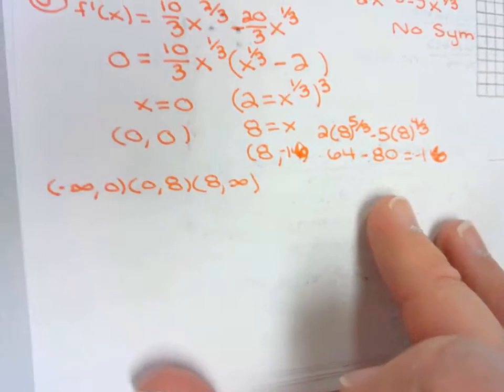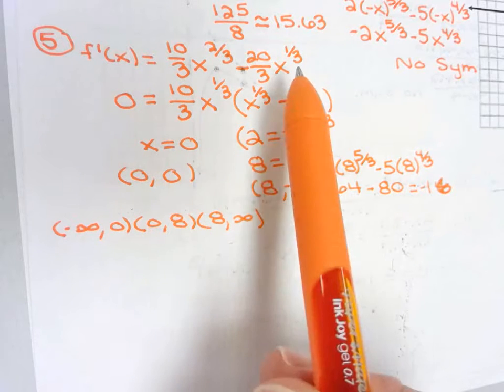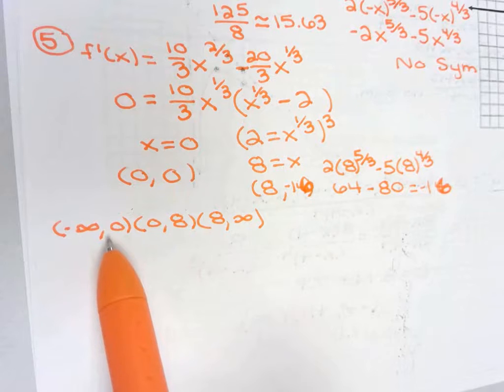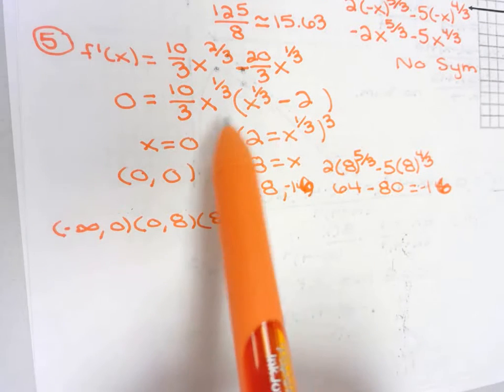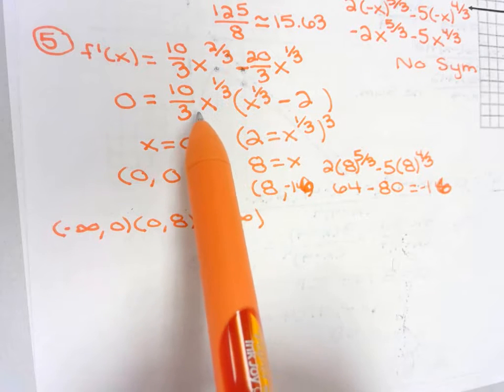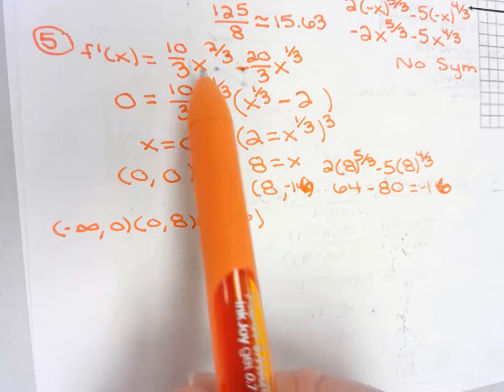So now as I check these, it doesn't really matter. This top one might actually be easier to plug into the factored form. Yeah, factored form might be easier. If I plug in a negative 1, negative 1 to the 3rd still keeps it a negative.